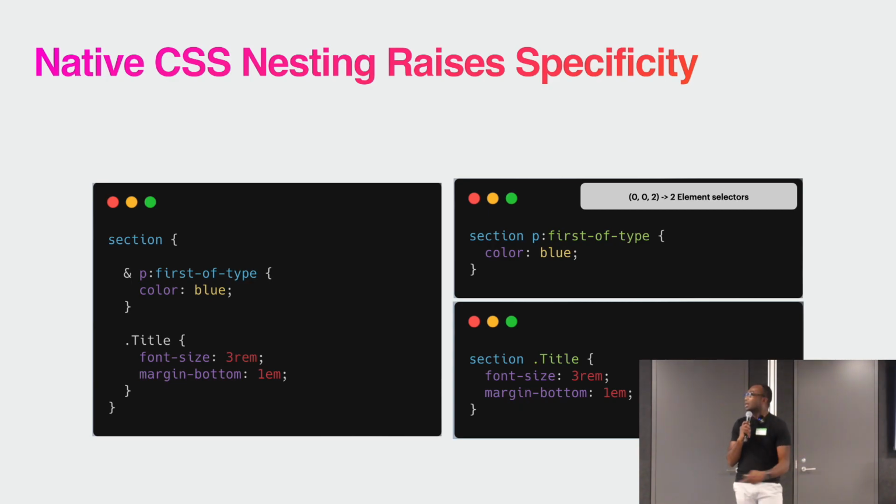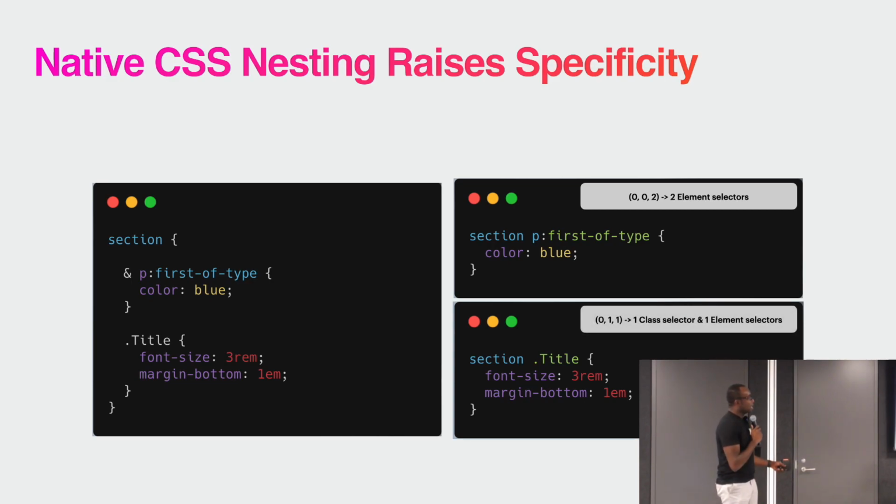And because we have to pay attention to this, we may want to do something like stick an important on there or use another solution. But if we're using it with classes, here we have one class selector, one element selector. So the only way to really overwrite this is to use something that has a higher specificity, either using an ID selector or even using an important rule there as well.